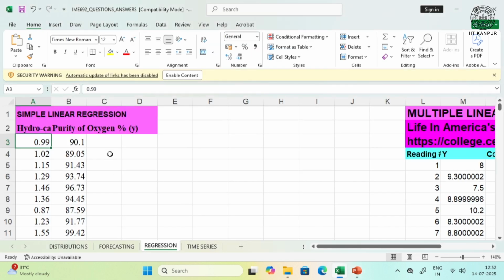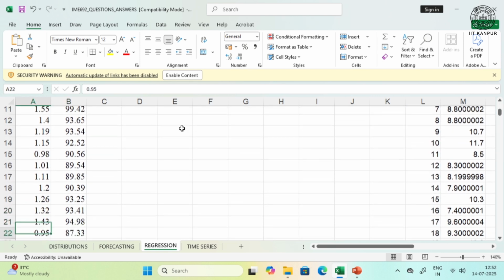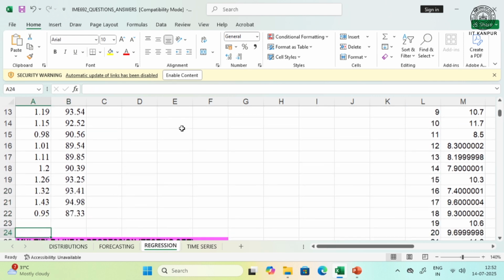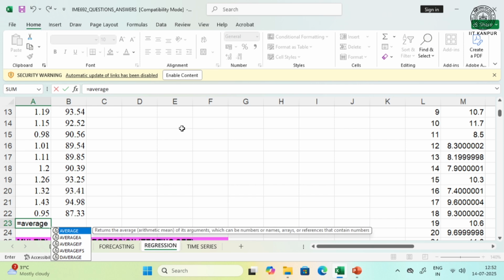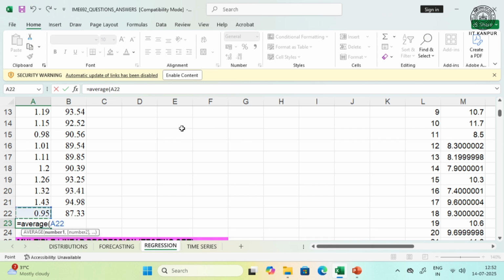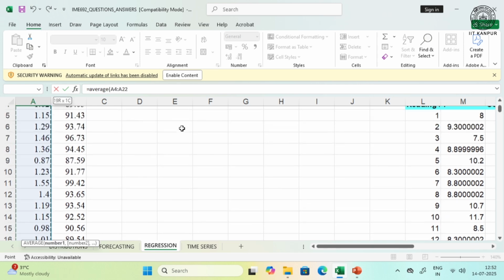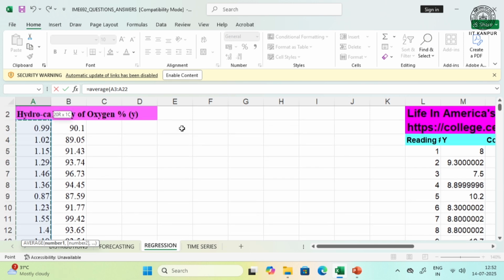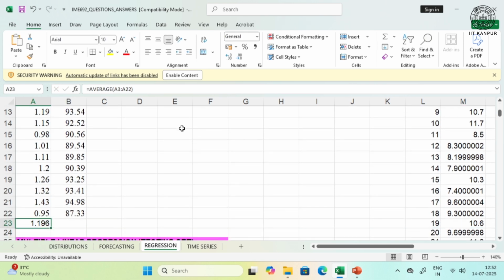Let me take the values accordingly. I would have the average of x, which I will mark in yellow, then the average of y, which I also mark in yellow.